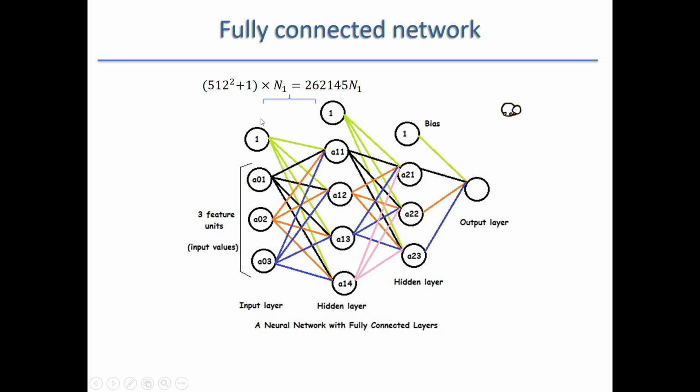So you can imagine that for 512 images, this can be a huge amount of numbers. This is 10 to the 5, and if you want to produce another image of the same size, then you would need 10 to the 10 coefficients just for a single layer.